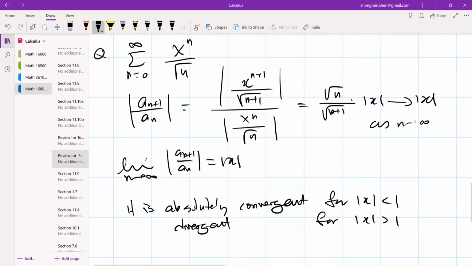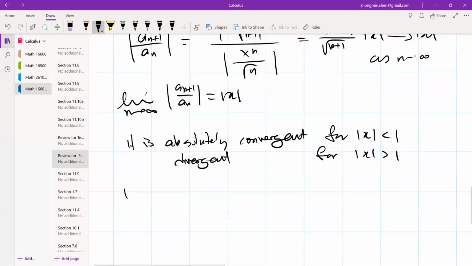So how about the endpoints? Almost nobody paid attention to the endpoints. I'm surprised. Yeah, nobody.